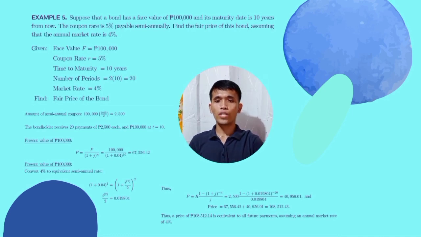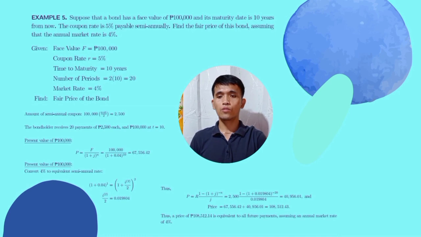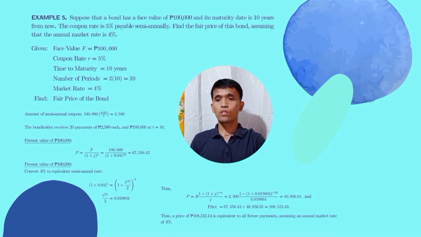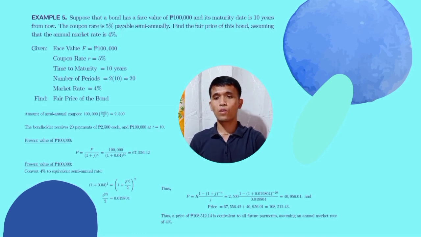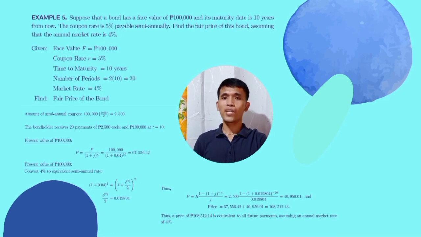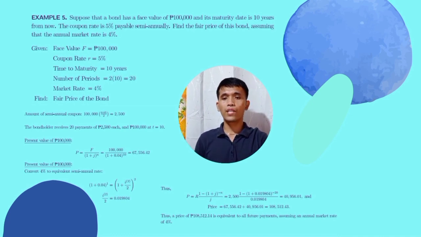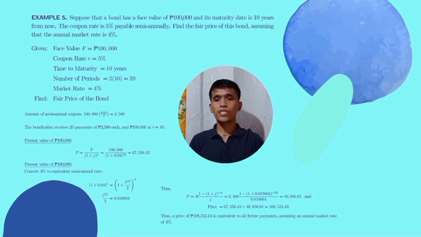Let's convert 4% to an equivalent semi-annual rate. The quantity 1 plus 0.04 raised to 1 is equal to the quantity 1 plus i raised to 2, so i is equal to the quantity 1.04 raised to 1/2 minus 1, which is 0.019804. Thus, P is equal to R multiplied by 1 minus the quantity 1 plus j raised to negative n, over j, with R equal to 2,500.